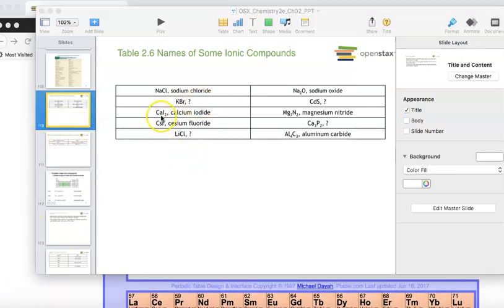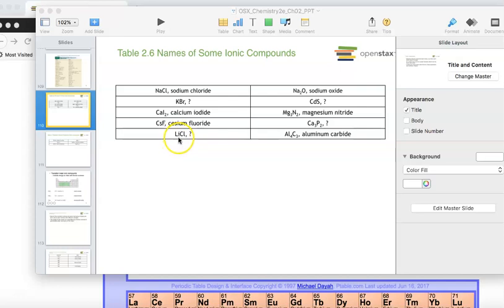Okay, CaI2, so Ca is calcium. I is iodine. Iodine becomes iodide. So the name would be calcium iodide. CsF. Cs is cesium. F is fluorine. Fluorine becomes fluoride. Cesium fluoride. Okay, so LiCl.